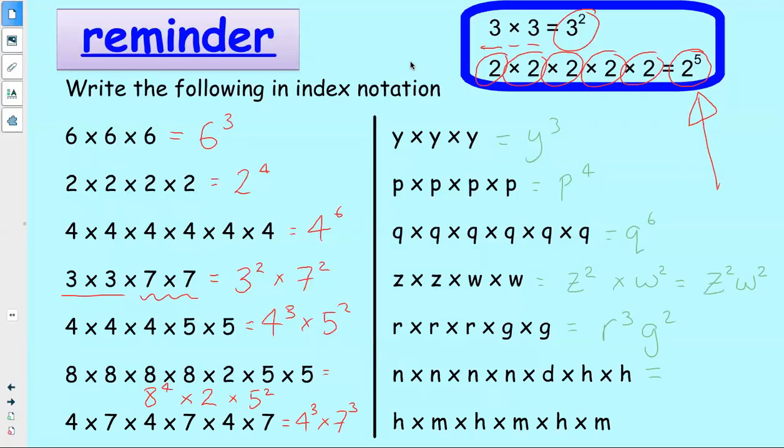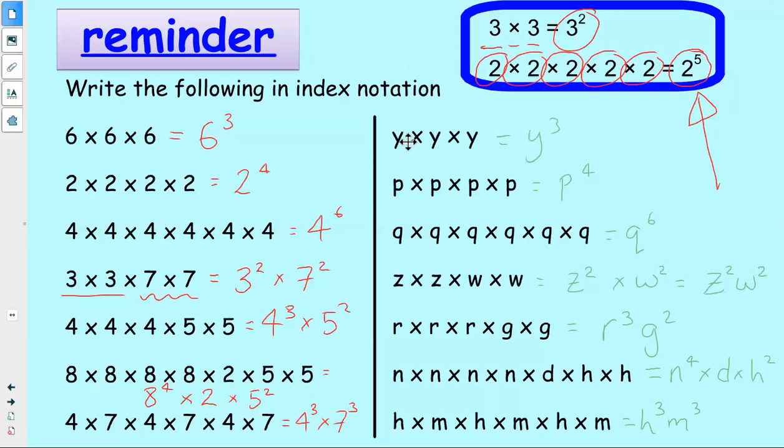Next one, n to the power of 4 multiplied by d multiplied by h squared. And this last one on the right hand side, we've got h cubed m cubed. You don't have to write the multiplication sign in between. Okay, let's move on.